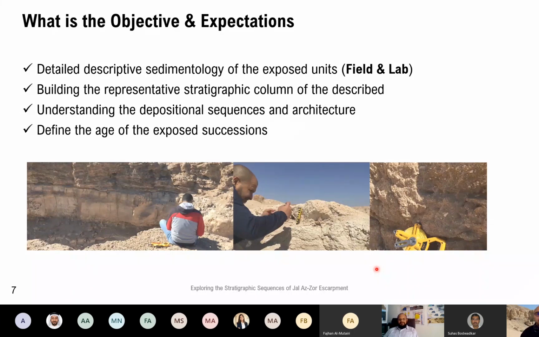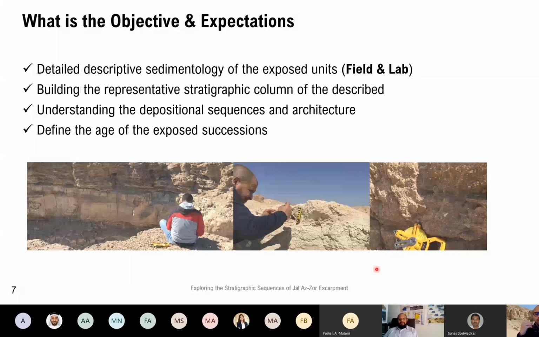And based on these two main pillars, we wanted to understand laterally and vertically how these sequences were deposited, and also to understand the architecture of these deposits. In the end, we were also trying to identify the mechanism by which this outcrop was formed, whether structural or a larger scale of erosion, and also to define the age of these exposed successions.